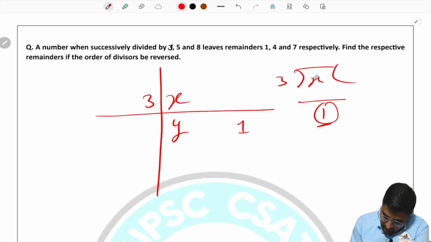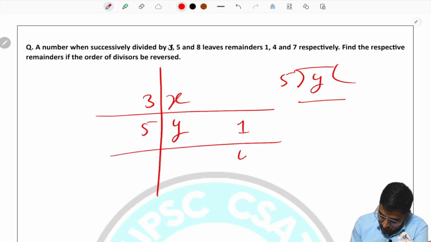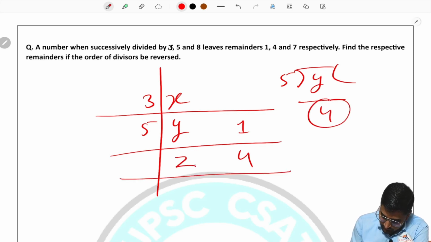Now when we divide y by 5, we get the remainder 4. Again some number will come here. Now when we divide this by 8, we will get the remainder 7.